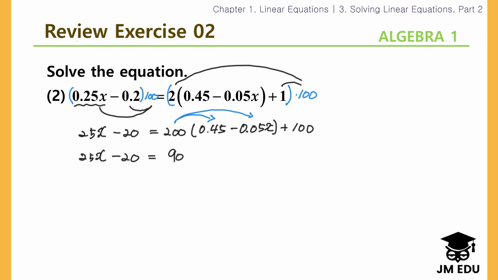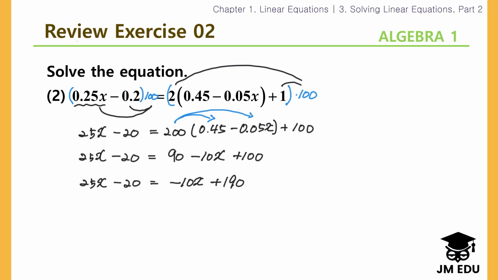So that's going to be minus 10x. And we have 100. So on the right-hand side, we have two constants. So let's simplify that. 25x minus 20 is equal to minus 10x plus 190.